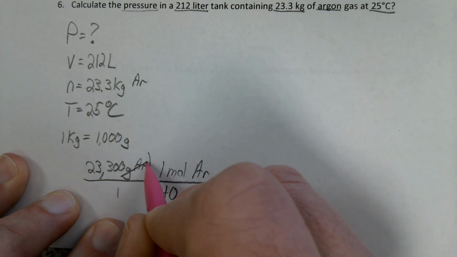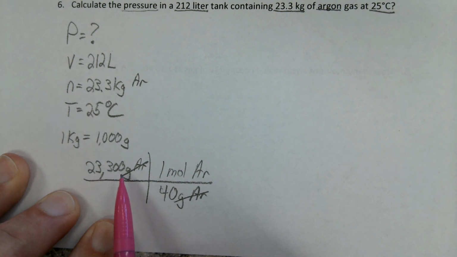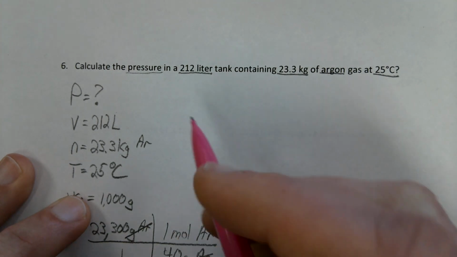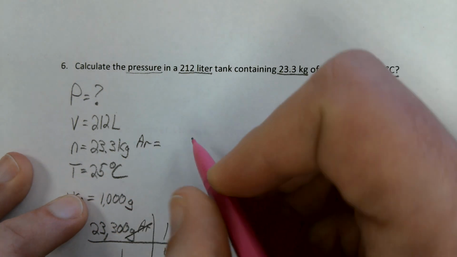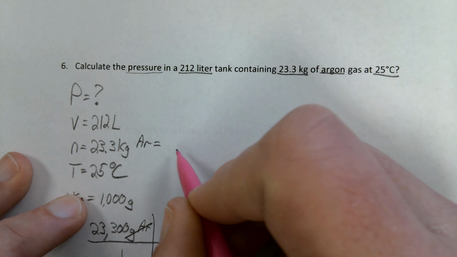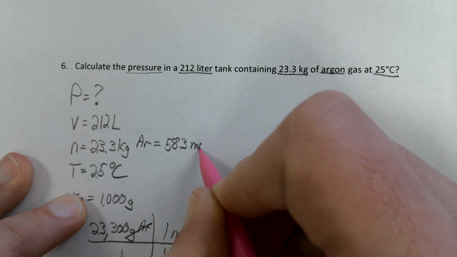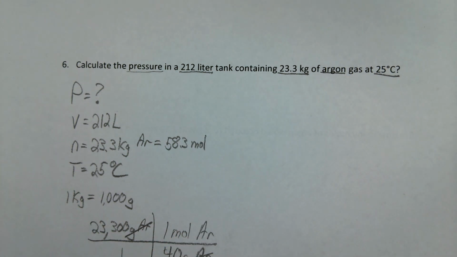Grams of argon cancels, so we're going to do 23,300 divided by 40. And that will get us our moles. It ends up being 58.3 after I round for significant digits, and that is moles of argon.